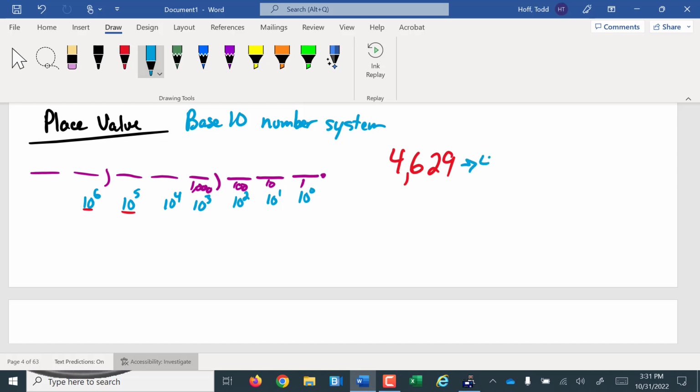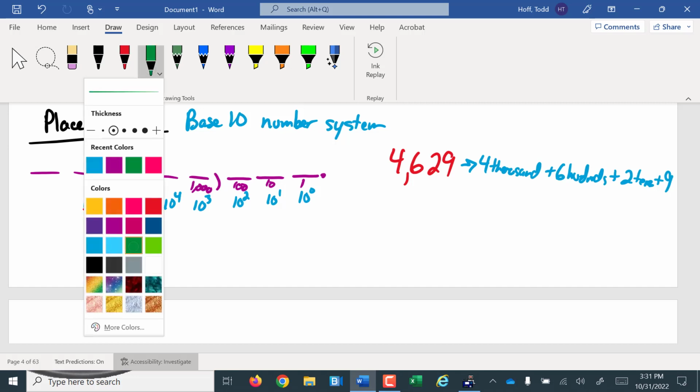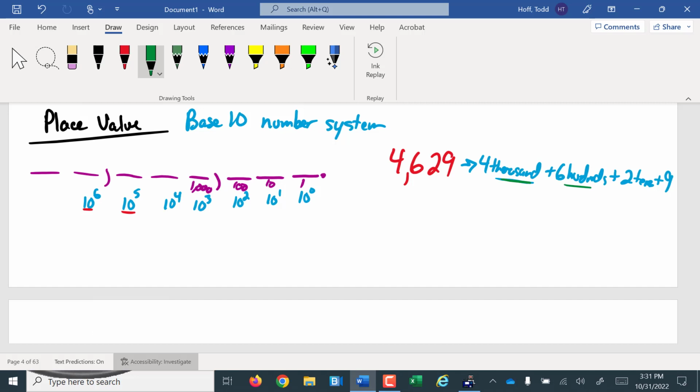What we did was 4,000s and 600s and 2 10s and 9 ones. We often don't even write the ones because 9 is just a 9 whether it's ones or not. But instead of writing out the words for those place values, we could have used the powers of 10. We could have written that as 4 times 10 to the third plus 6 times 10 squared plus 2 times 10 to the 1, which is just a 10, plus 9.